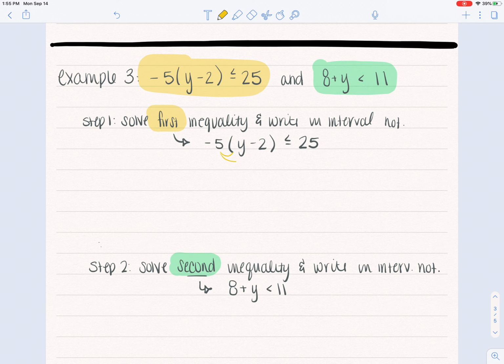And I'll have -5y plus 10 when I multiply both things by negative 5, is less than or equal to 25. I'm going to solve this. Minus 10, minus 10. Negative 5y is less than or equal to 15. Divide by negative 5 and get y and a negative 3. Because I divided by a negative number, I have to flip my inequality.